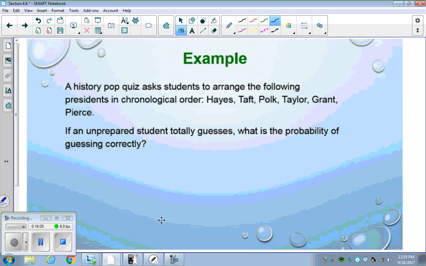Okay, here we go. History pop quiz. Ask students to arrange the following presidents in chronological order: Hayes, Taft, Polk, Taylor, Grant, Pierce. If an unprepared student totally guesses, what is the probability of guessing correctly? How many ways can I do that? How many different possible ways could I arrange those, and would order matter?